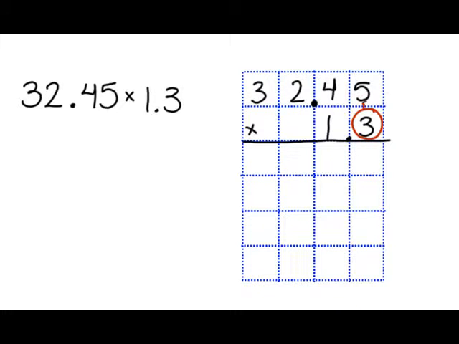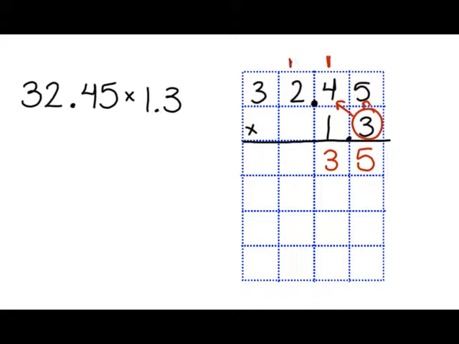So 3 times 5 is 15. So we write a 5 down and we carry a 1 up. Now I'm going to take 3 times 4, Charlie. 3 times 4 is 12. I'm going to add 1 to the top, so that is 13.